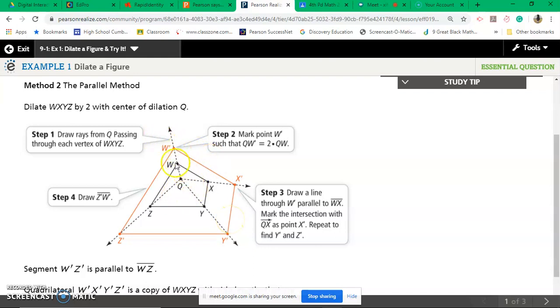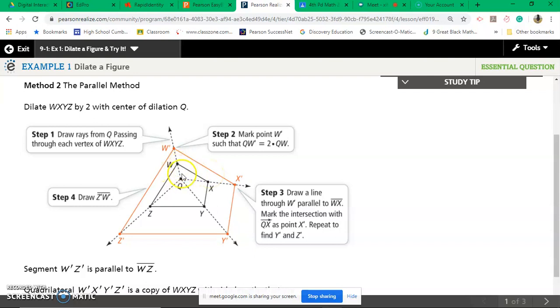The same thing holds true for the side lengths. W prime X prime is twice as big as WX. Same for all of the other sides. They still took the center and drew lines from the center to the pre-image point, and then you take that length, whatever that length would be.